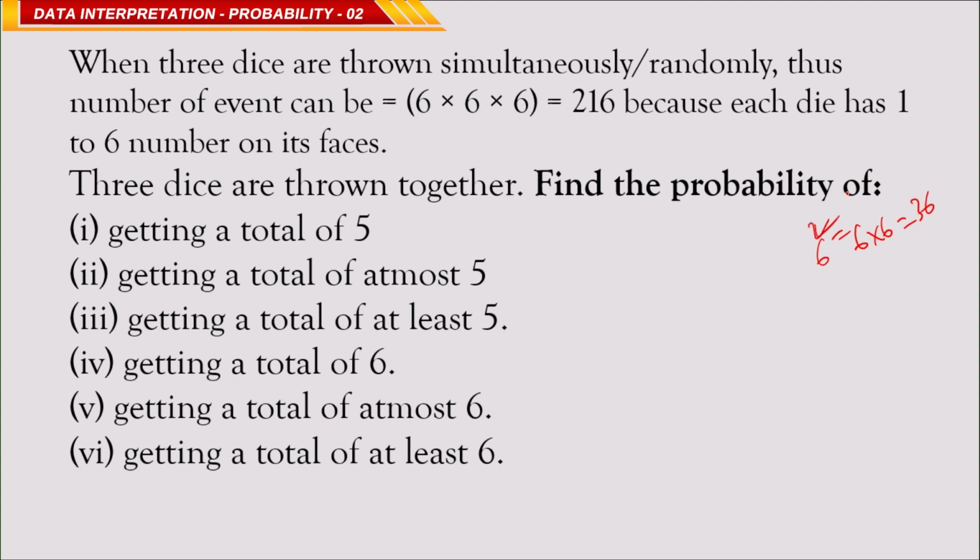When 3 dice are thrown, the total outcomes is 6 cube, or 6 times 6 times 6, of course 216. Okay. Here the first one is getting a total of 5. When you are getting a total of 5, what is the probability of this one?